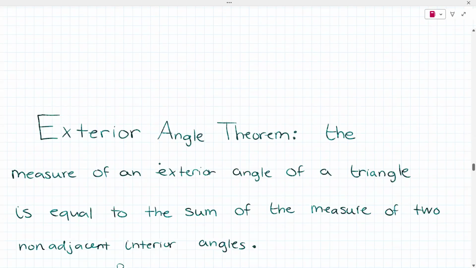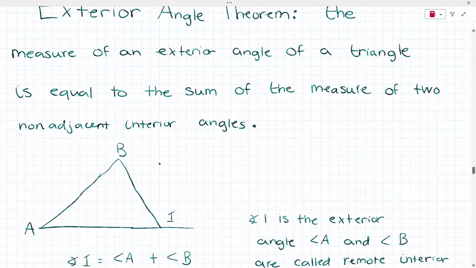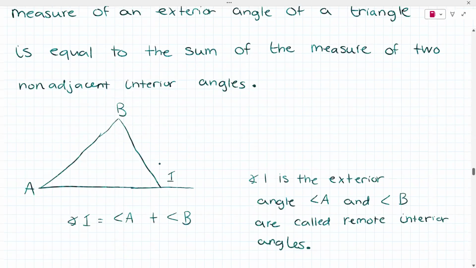Okay, let's talk about the exterior angle theorem. The measure of an exterior angle of a triangle is equal to the sum of the measures of the two non-adjacent interior angles. Here we have this triangle.